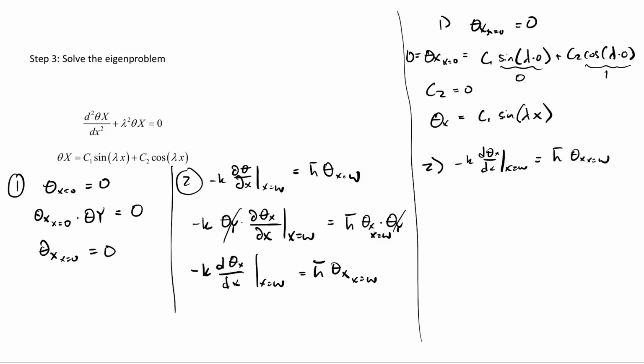So what's the derivative of that function? It's just lambda times cosine. So we end up with minus k times lambda times c1 times cosine of lambda w, evaluating this at w, is equal to h bar times c1 times, what is my theta function, just sine lambda w.